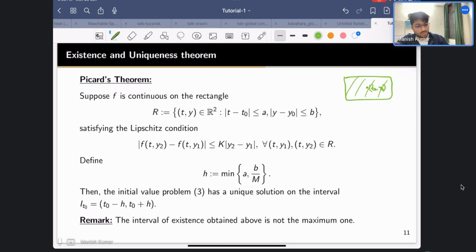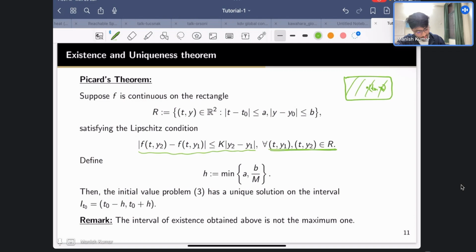The second condition is that it should be Lipschitz in the y variable, not in the t variable. So for each t, and for y1, y2 in R, |f(t, y2) minus f(t, y1)| is less than or equal to k times |y2 minus y1|. This is called the Lipschitz condition.